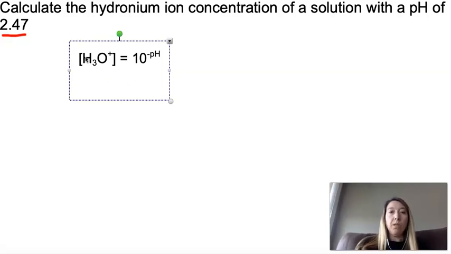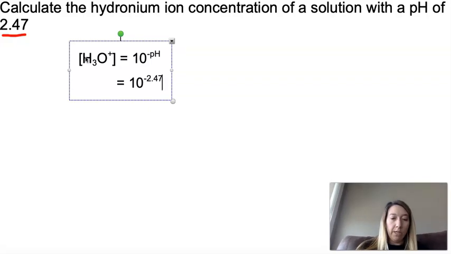So we're going to have that this is equal to 10 to the negative 2.47. So you go to your calculator, you do that second function of the log. It should be showing you 10. Some of it will show like a little 10 hat, so you will just say 10. And then you should be able to just type in negative 2.47.